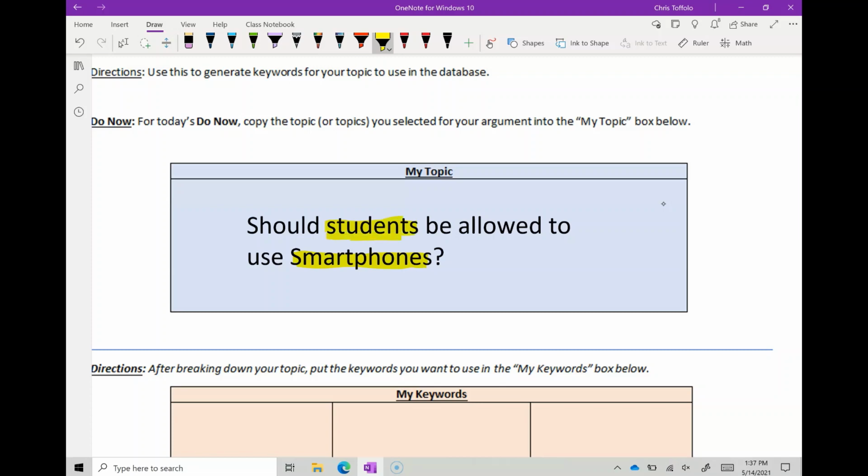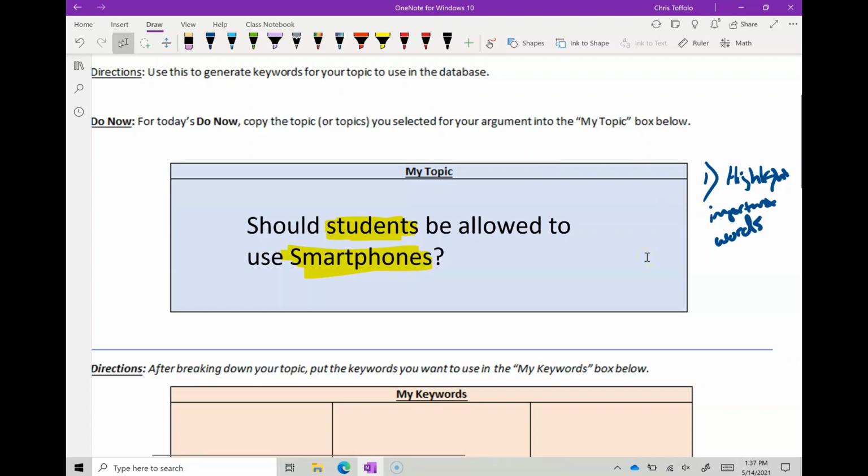Let me just make this a little bit more highlighted. There we go. So this right here is step number one, and that is to highlight important words. Hope you can read my chicken scratch right there.